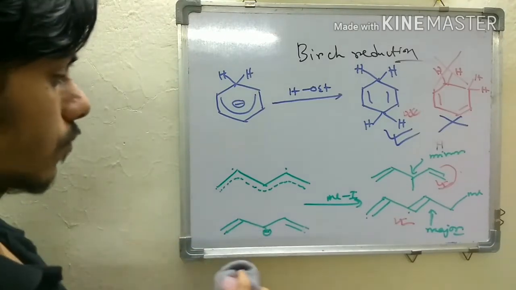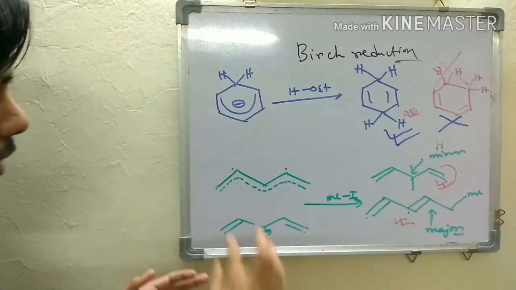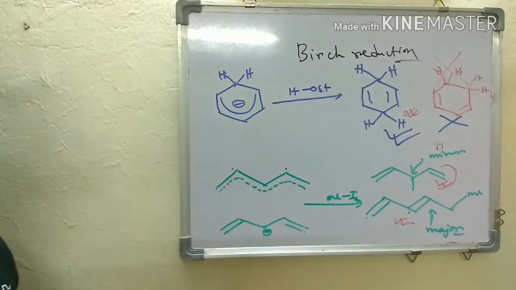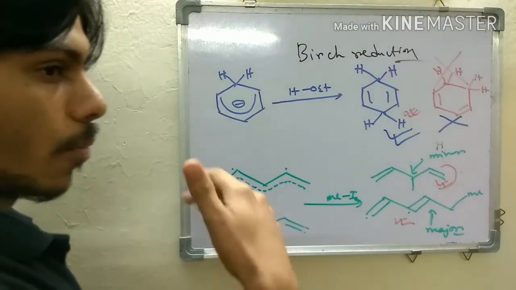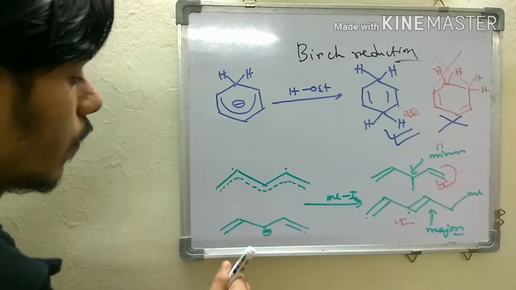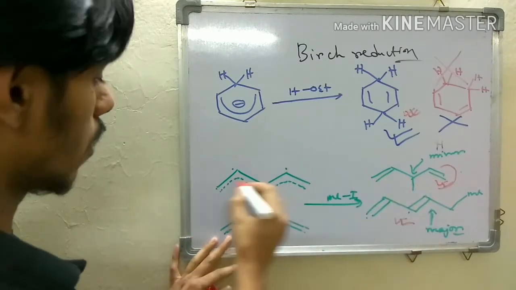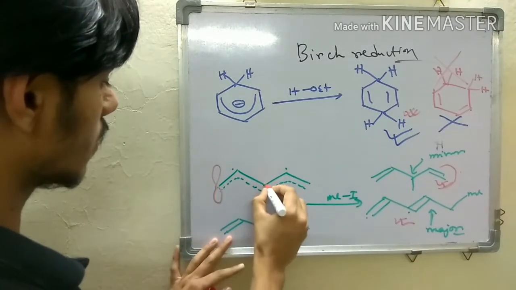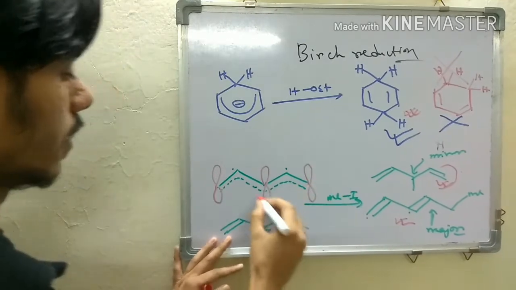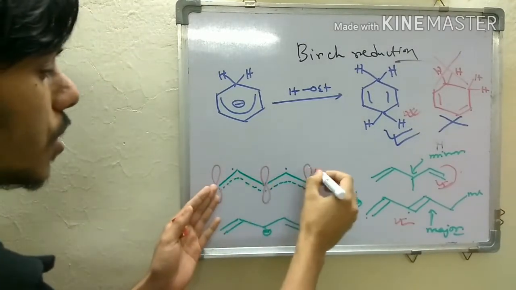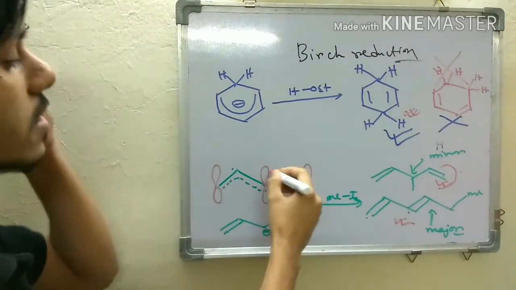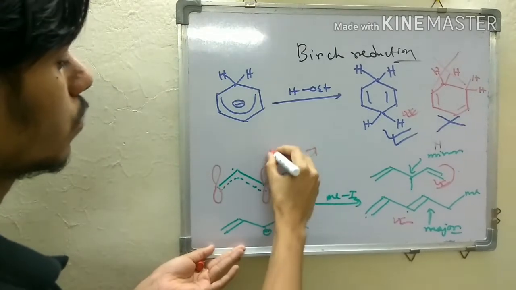If you consider this particular case and do the molecular orbital calculation, you will find that the coefficient of the HOMO is the same at these 3 carbons, right? At these 3 carbons the coefficient of the HOMO is the same, and thus it can attack from any of the positions with equal ease.